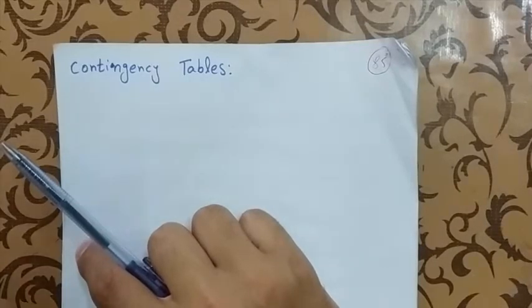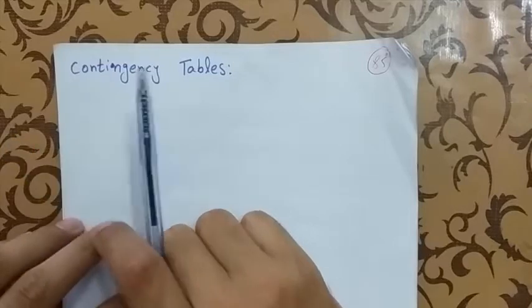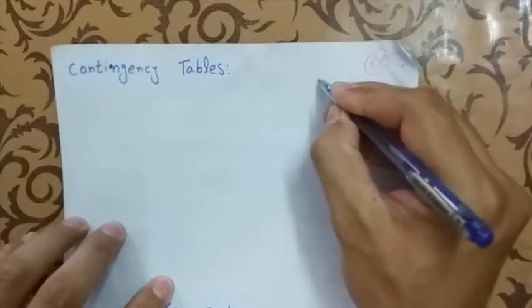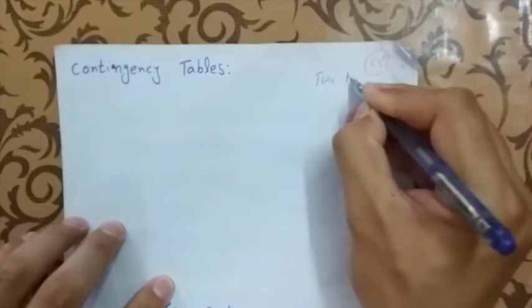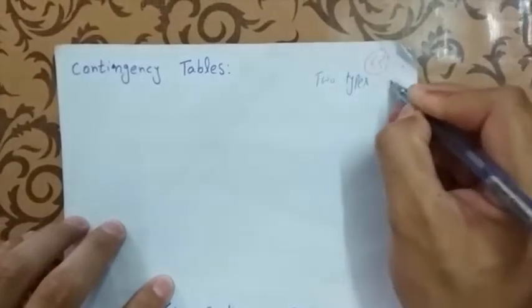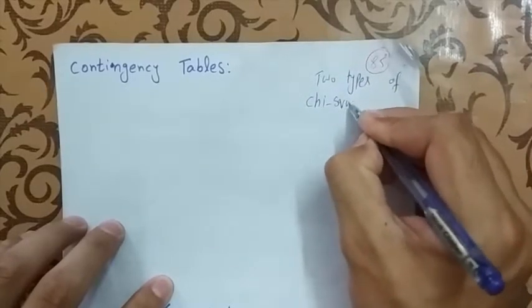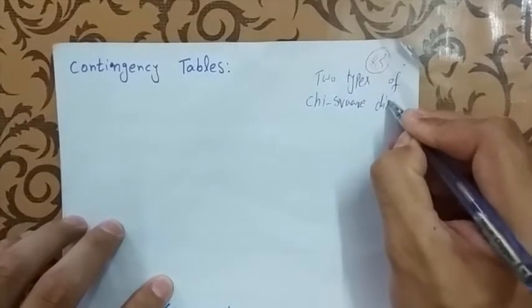There are two types of chi-square distribution.